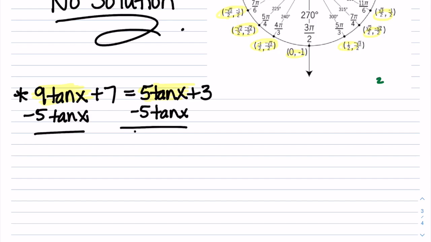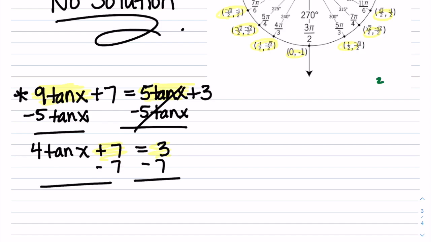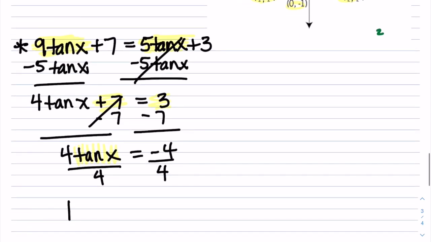Those will cancel, so this will be 4 tangent x plus 7 equals 3. The 7 and the 3 are also like terms, so I'm going to subtract 7. Now I get 4 tangent x is equal to minus 4. And if your goal is to just have tangent by itself, we can do a quick division by 4, and we get tangent x equals minus 1.